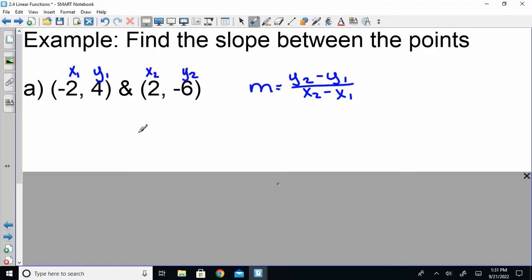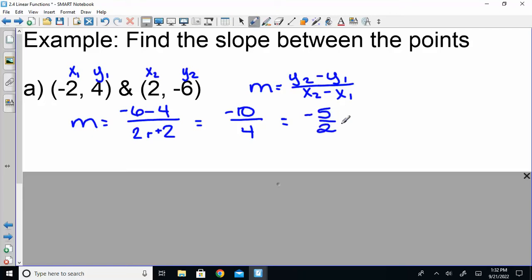This is my x2 and my y2. So if we set up our slope, y sub 2 is negative 6 minus 4 over 2 minus negative 2. So we get negative 10 over 4. We do need that in lowest terms, so that is negative 5 over 2.